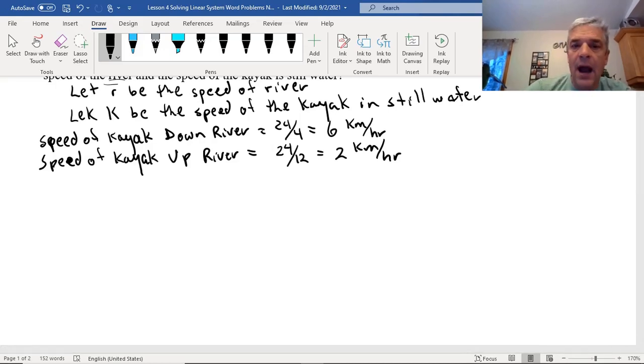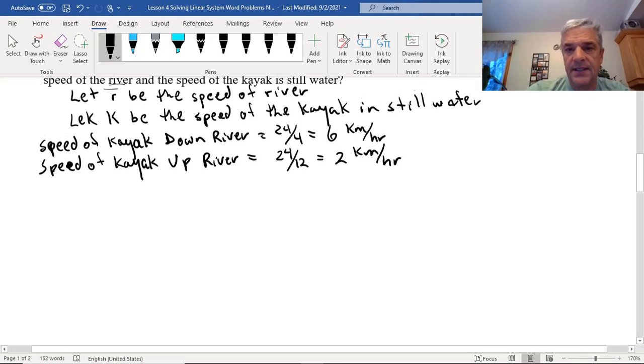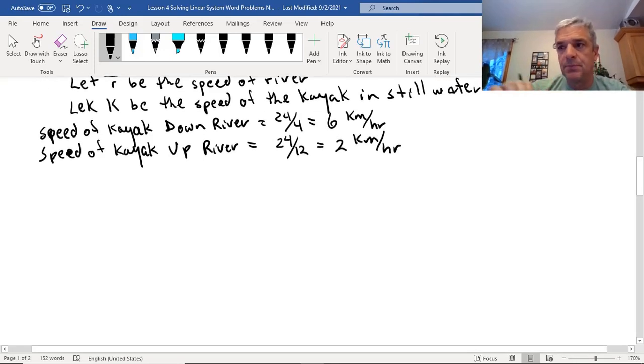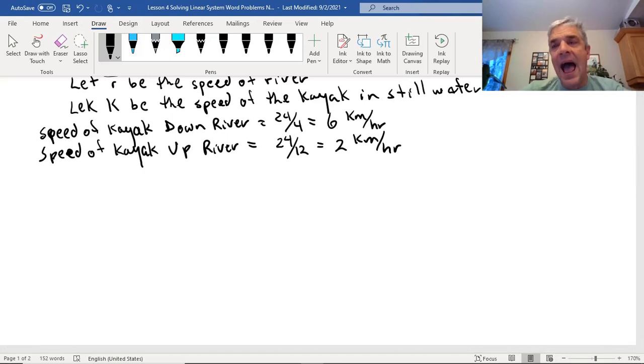So when we're going downriver, what we have to think is that the kayak goes a certain speed in still water, and then we're going to add the speed of the river. So if I was paddling my kayak in still water, I'm going to go at a certain speed. I don't know what it is, right? And then when I get on a current, the current's going to take me going the same speed plus the speed of the current. And that is going to be my speed going downriver.